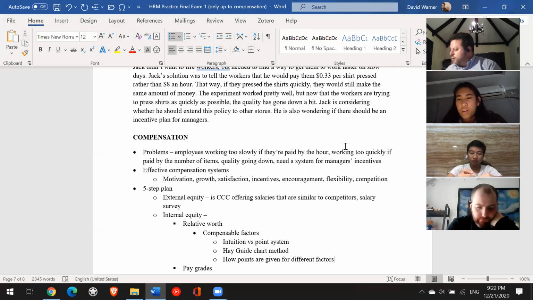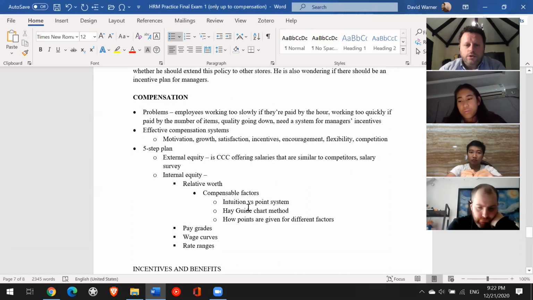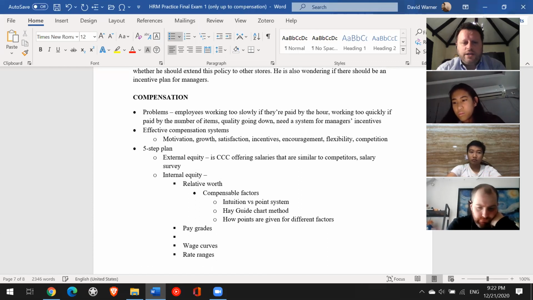We also talked about determining pay rates, and we talked about legal, equity, policy, and union factors. You can mention that if you have time, with giving or making pay grades, that there were 4 factors.